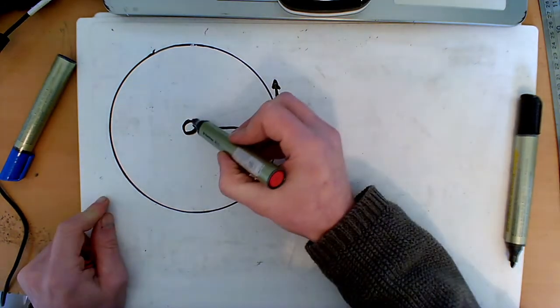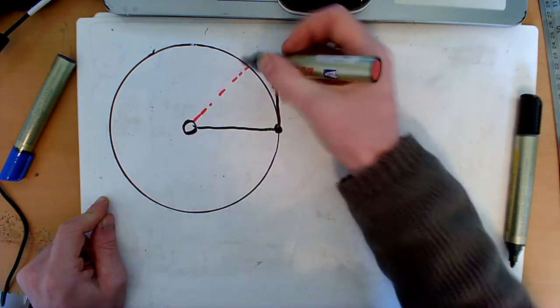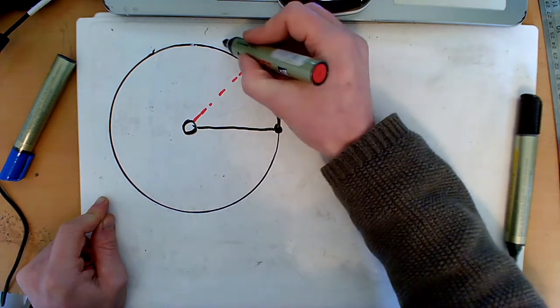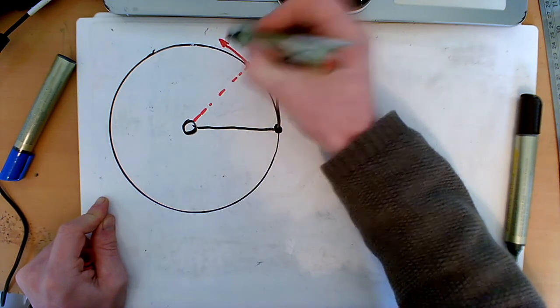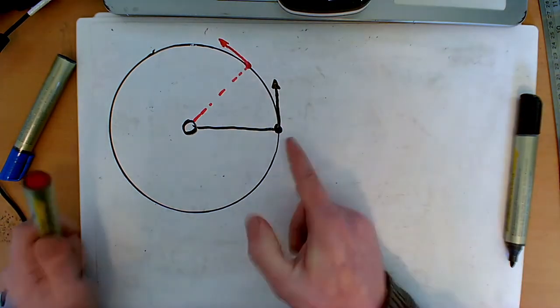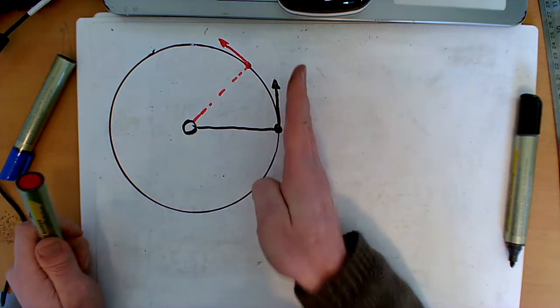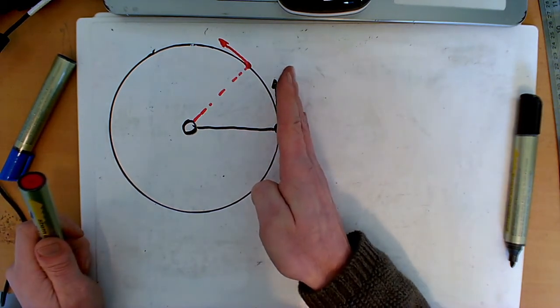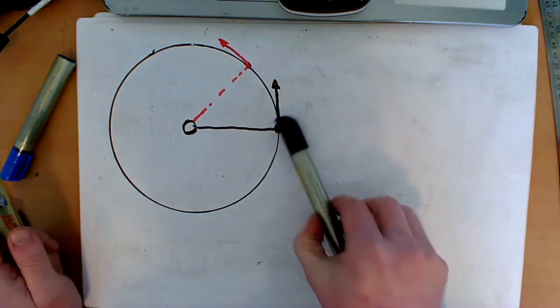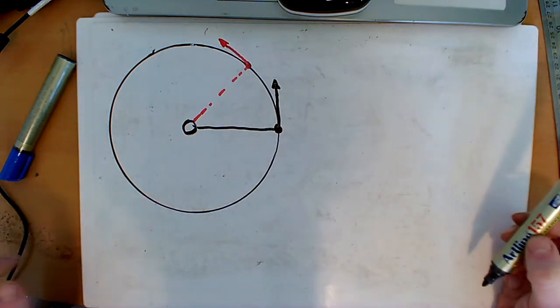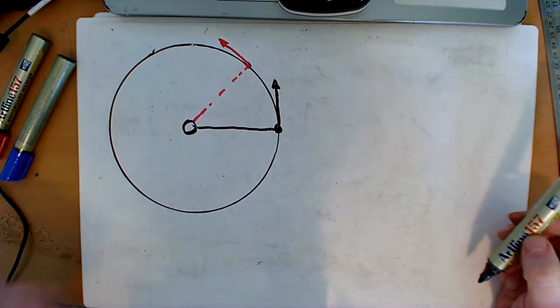So now a couple of milliseconds later, we're swinging this around, and now our stone is here, and again our velocity vector is tangential to the curve. We can see that from here our velocity vector is going in this direction, and then a couple of milliseconds later it's going in this direction. That means our velocity has changed, so we have to have an acceleration.